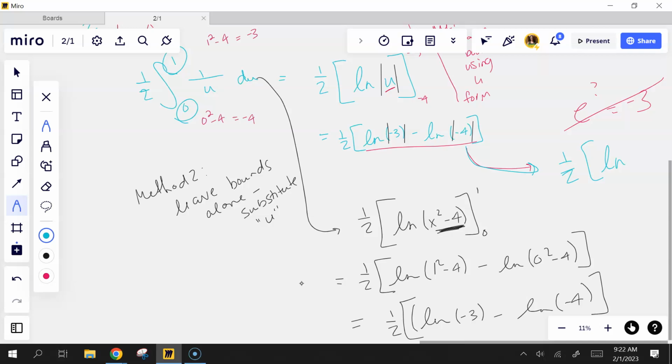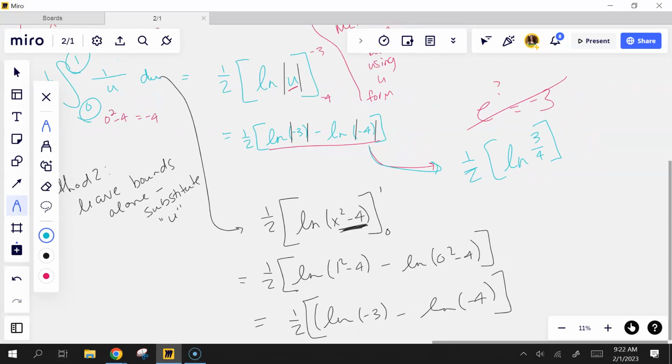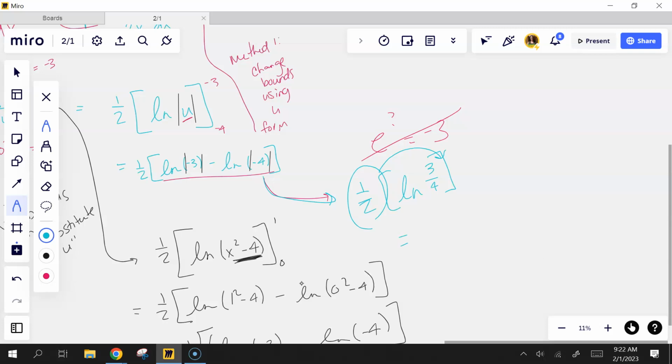I'm sorry. I can condense it down to just one log expression like this. And then I can take it even a step further, if I so choose. Do y'all remember these? That's the exponent one.